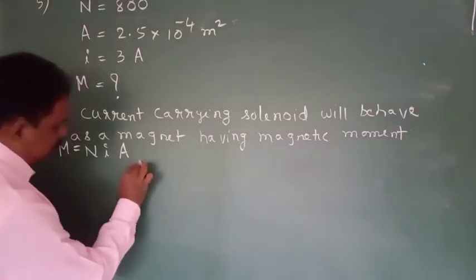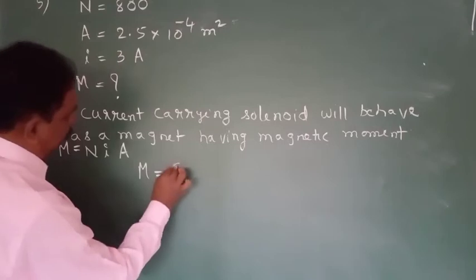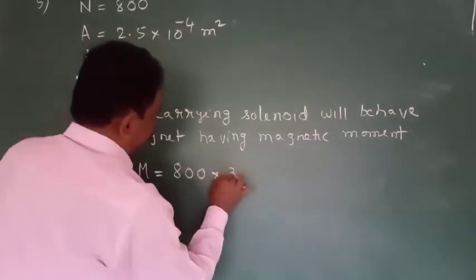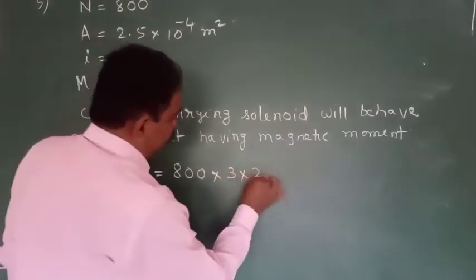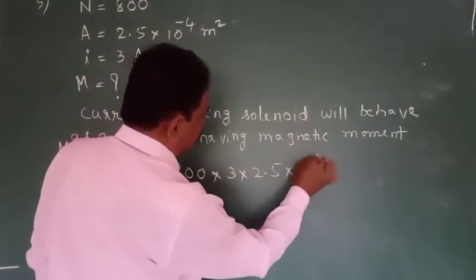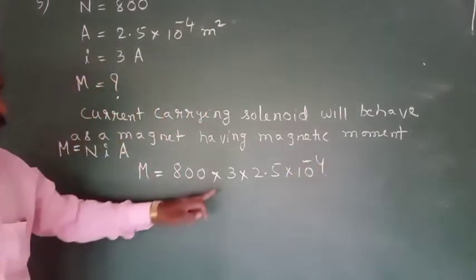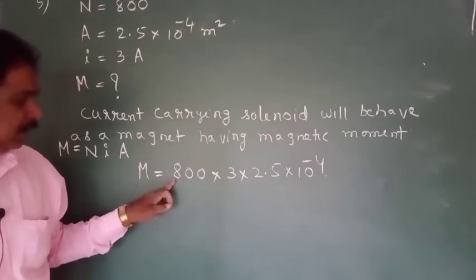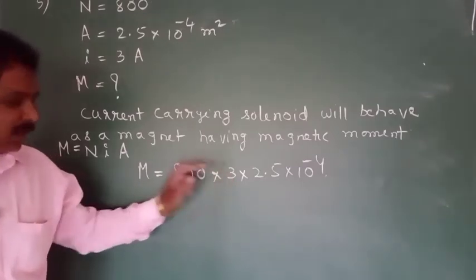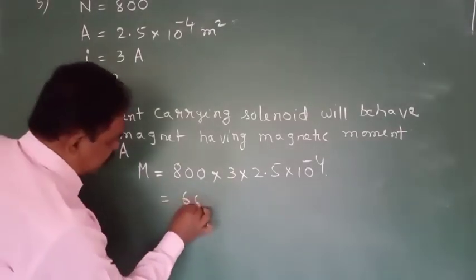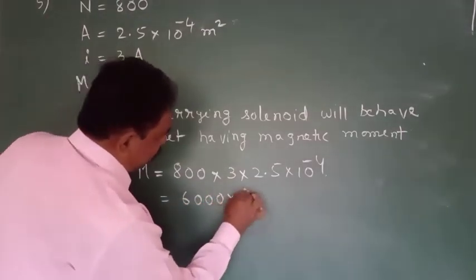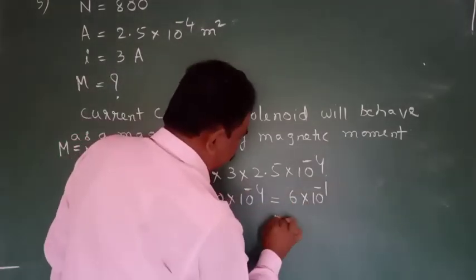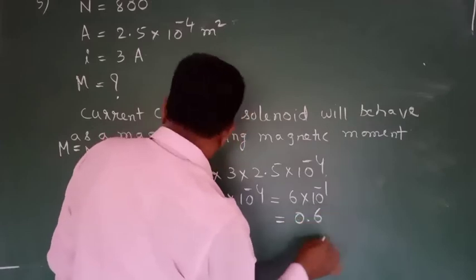So M is equal to, N value will be 800, I value will be 3, A value will be 2.5 into 10 power minus 4. So 2.5 into 8, that will be 20. 20 into 3 will be 60. So finally this is 6000 into 10 power minus 4, that is 6 into 10 power minus 1, 0.6.